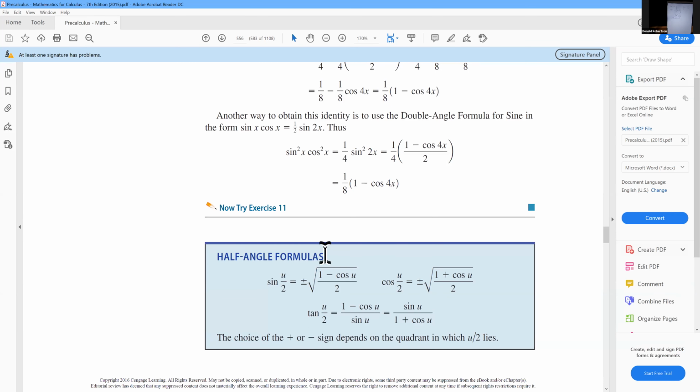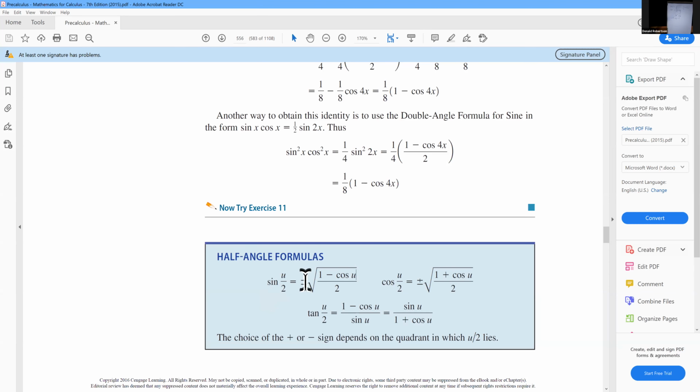These are the half angle formulas. So if you get a question that says, find the exact value of the sine of 15 degrees, or the exact value of the cosine of 22.5, and you're to use a half angle formula, I'll show you how that would work. If this guy was 15, that makes this guy in here 30.